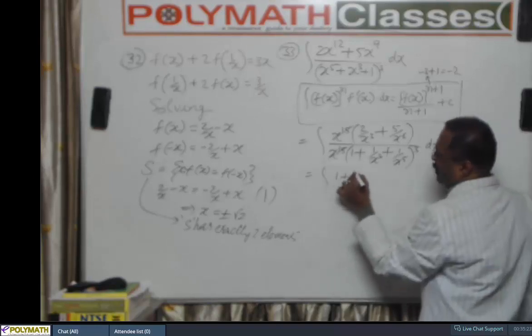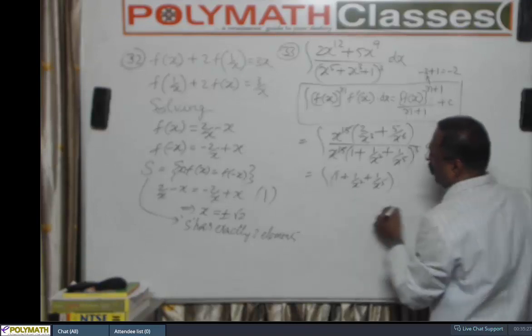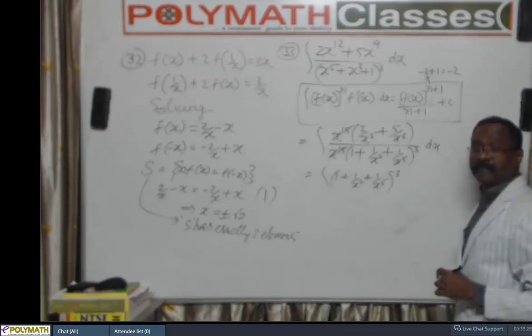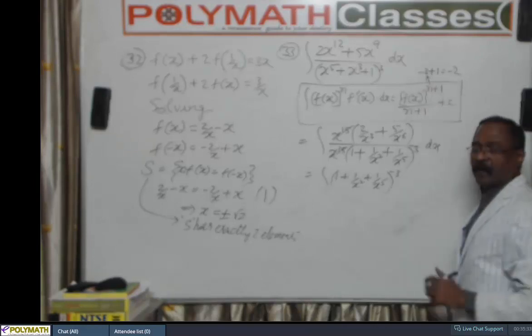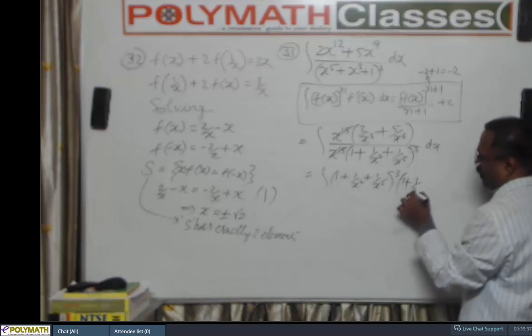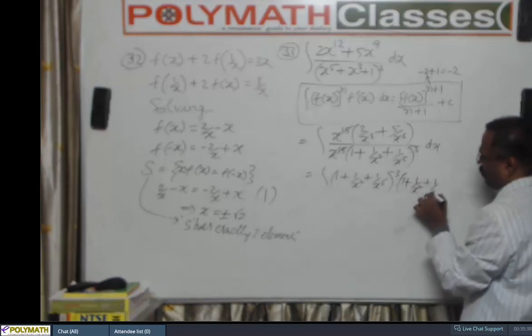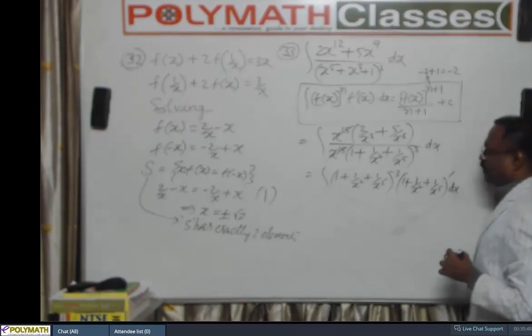It is 1 plus 1 by x squared plus 1 by x power 5 whole power minus 3, brought to the numerator. That's what I mean to say here, minus 3 plus 1 into its derivative. Let us try to write that: 1 plus 1 by x square plus 1 by x power 5 dash dx. If I write like this, what is happening here?